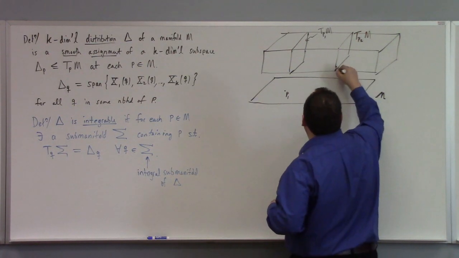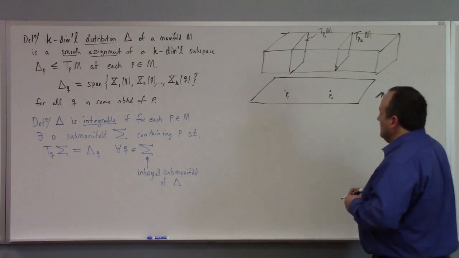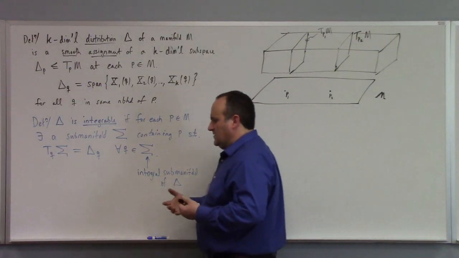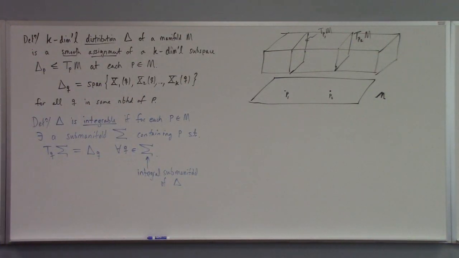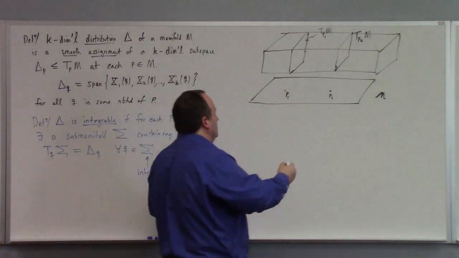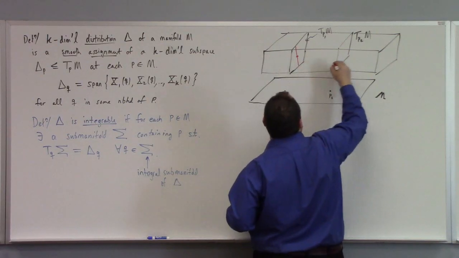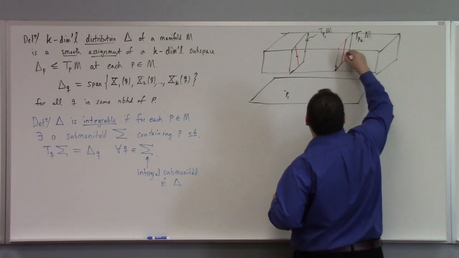A one-dimensional distribution would be essentially just picking a line in each one of these tangent spaces. Maybe it's here, maybe it's over here, like that one.